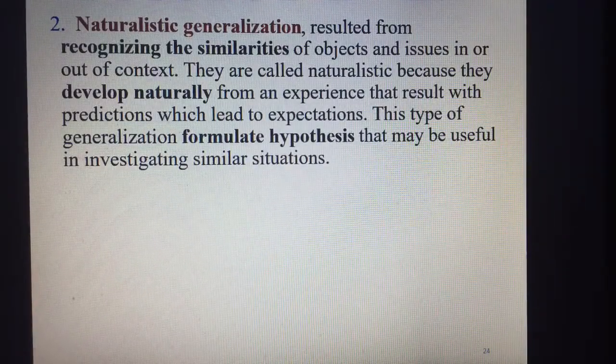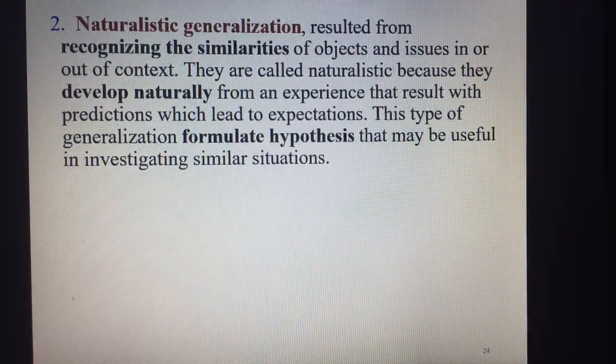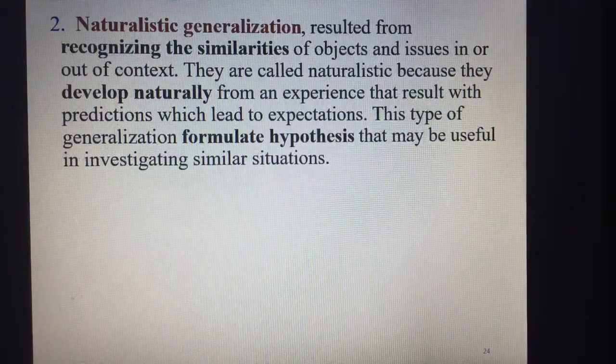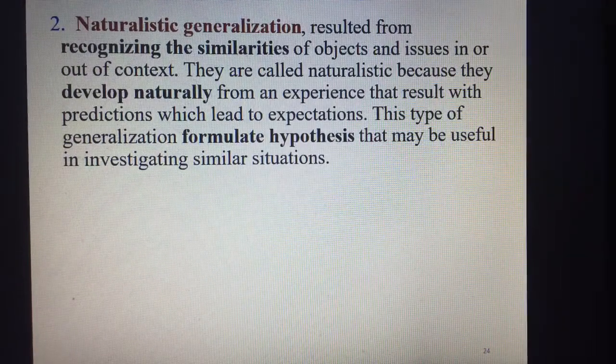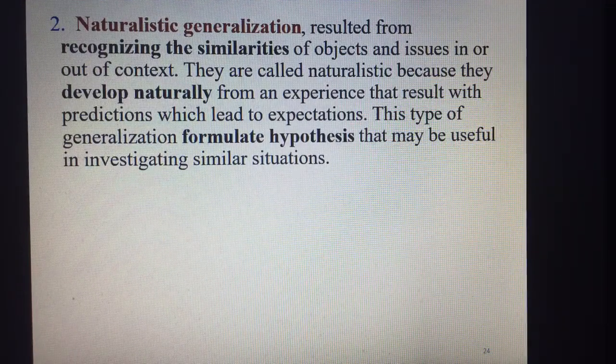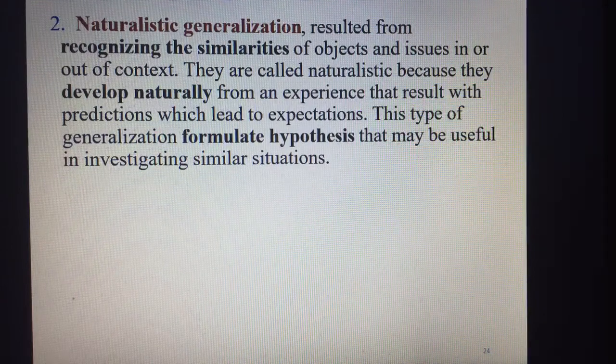Secondly, you can have what's called naturalistic generalization, which results from recognizing similarities of objects or issues in or out of context. They are called naturalistic because they develop naturally from an experience that results in predictions which lead to expectations.